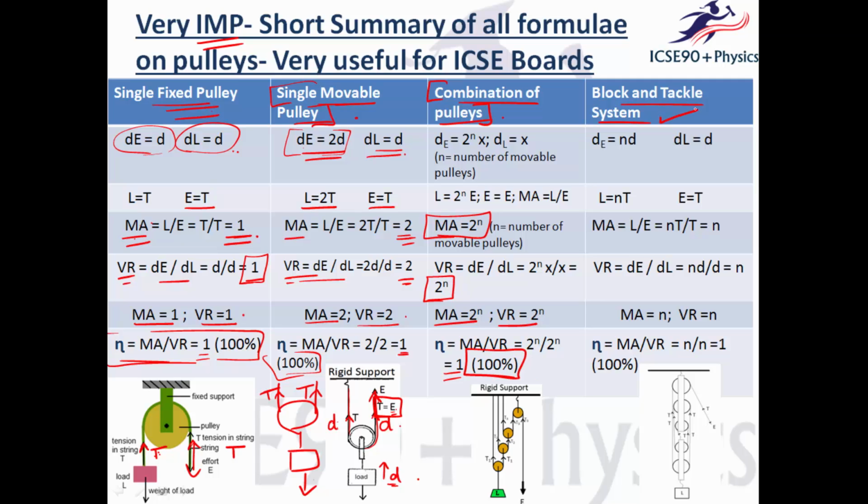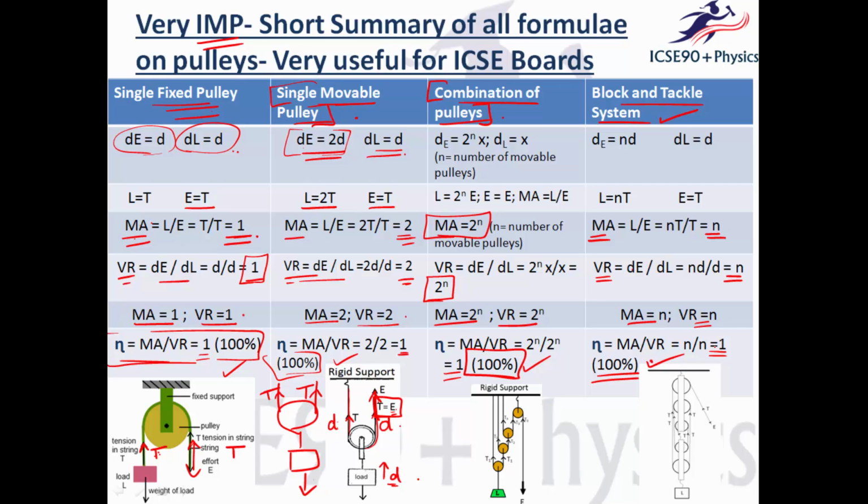Finally, for a block and tackle system, again we know the mechanical advantage is n and the velocity ratio is n, which is again the ratio of dE to dL, and as the two are equal and each is equal to n, we know efficiency is equal to MA upon VR, which is nothing but n upon n, that is 1 or 100%. So notice that the efficiency is always equal to 100% in each case.